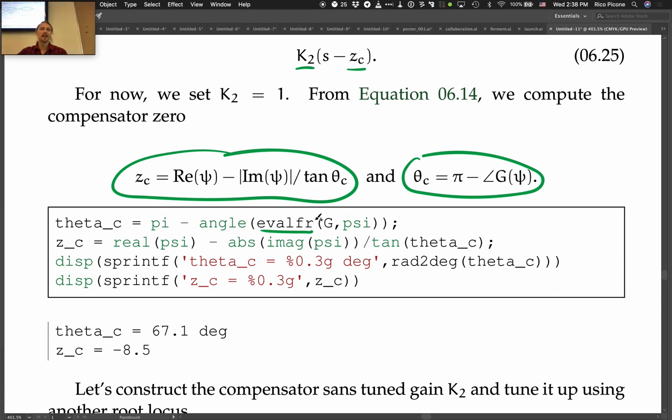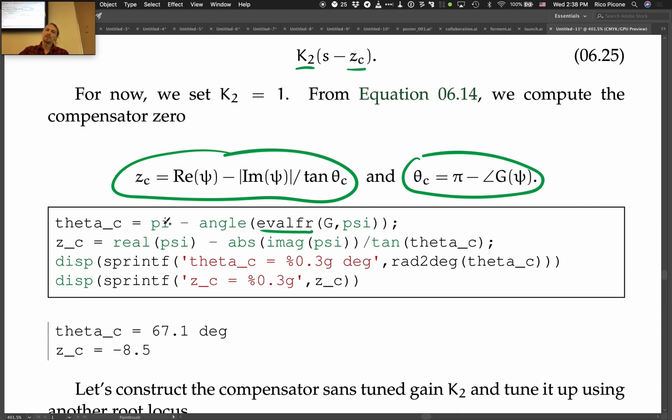So we just plug in eval-fr, g, and psi, and we get the result to come out. And then we want the argument of it. We want the angle. Okay, so there's an angle function built into MATLAB as well. So eval-fr and angle are both built in. Well, eval-fr might be part of the controls toolbox, but it's in either the controls toolbox or in MATLAB core. I can't remember which, but anyways, angle is definitely in MATLAB core.